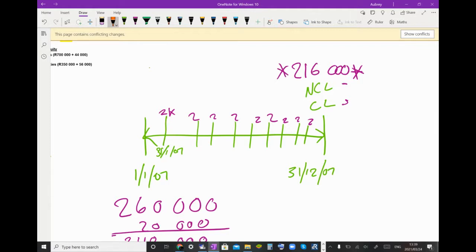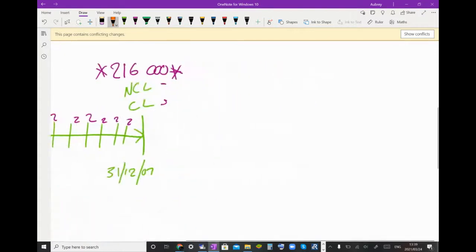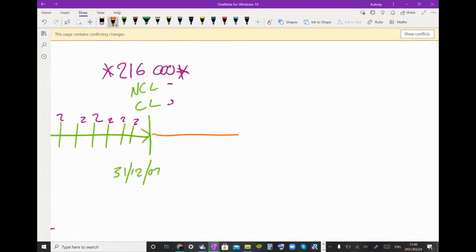Okay, so then how do we move forward? Right, 100%. We now need to look at the year ahead, and say to ourselves, we know that every month we're going to be paying 2,000, 2,000, 2,000. We know there are 12 months here.